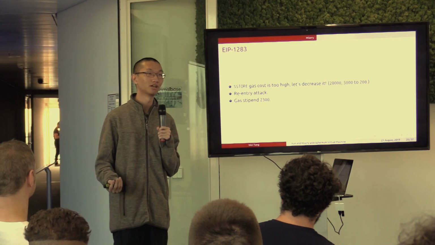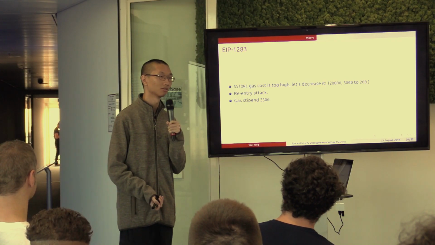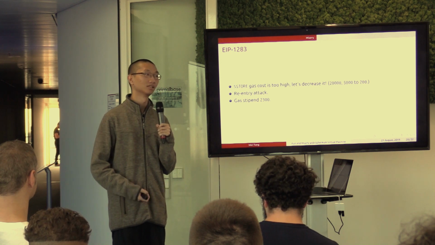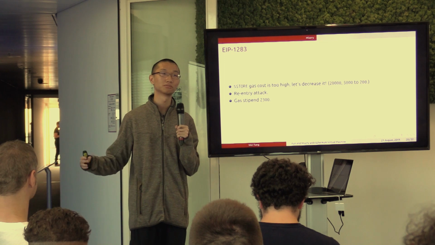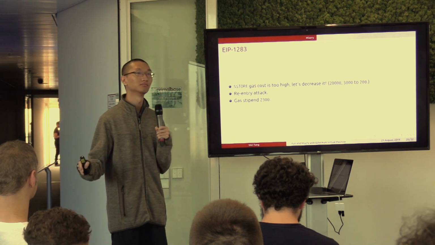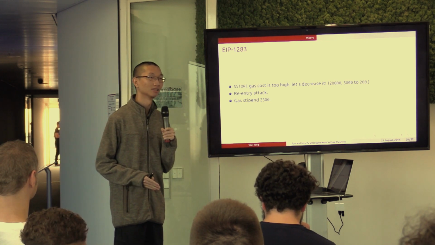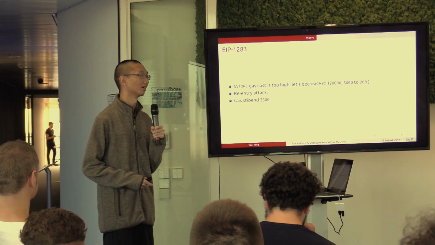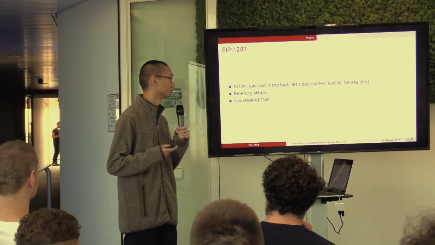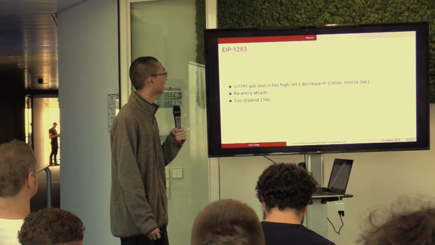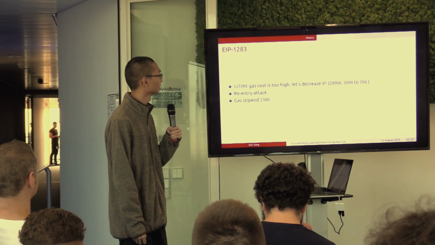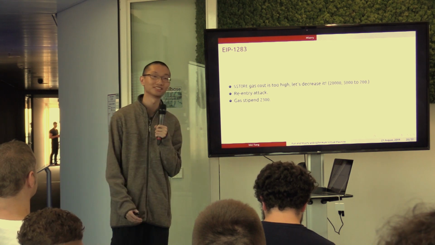Some contracts want to use SSTORE to do certain operations, like making a lock or using it to pass some information between call frames. And under the current gas scheme, it just costs too much gas to do that. So that's the basic incentive: the gas cost is too high, so let's decrease it.